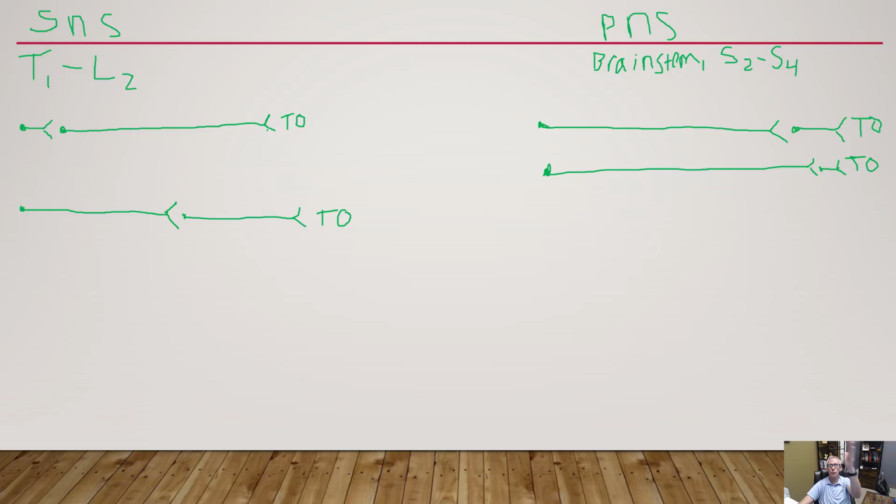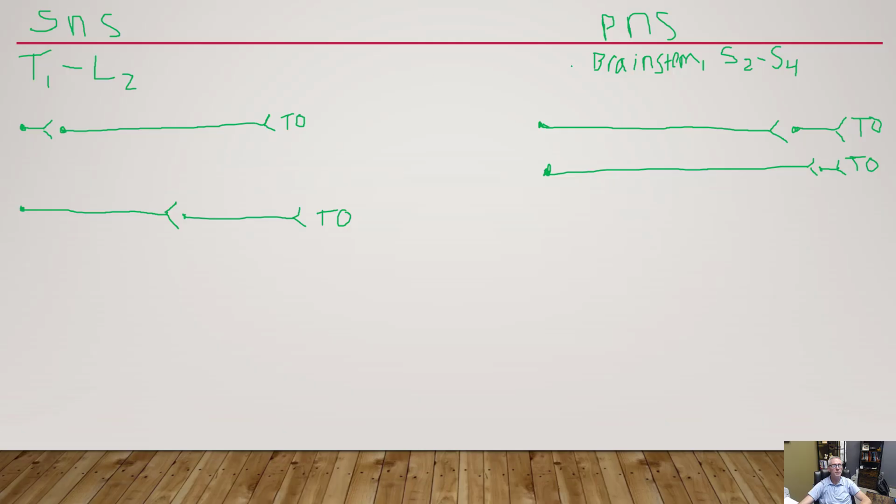So we're going to have a short pre and a long post. That's option 1. Option 2 is where that ganglia is about halfway between the spinal cord and the target organ. So we're going to have about a 50-50 size of our pre and our post.